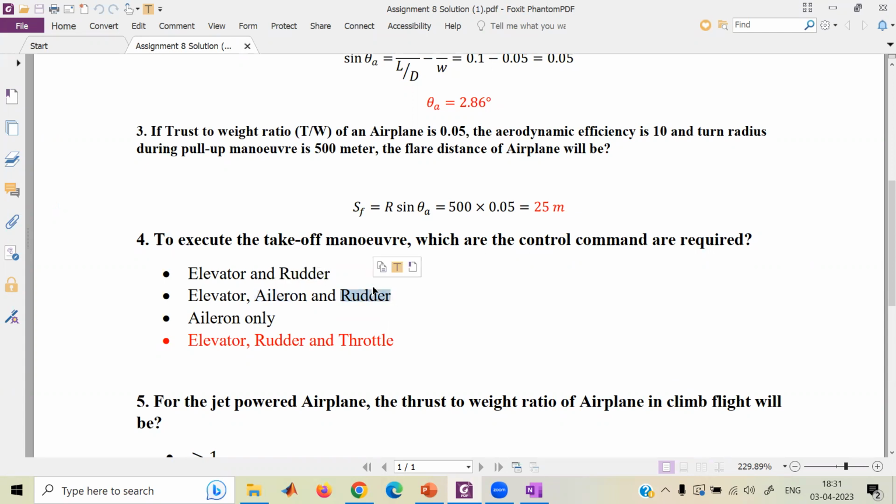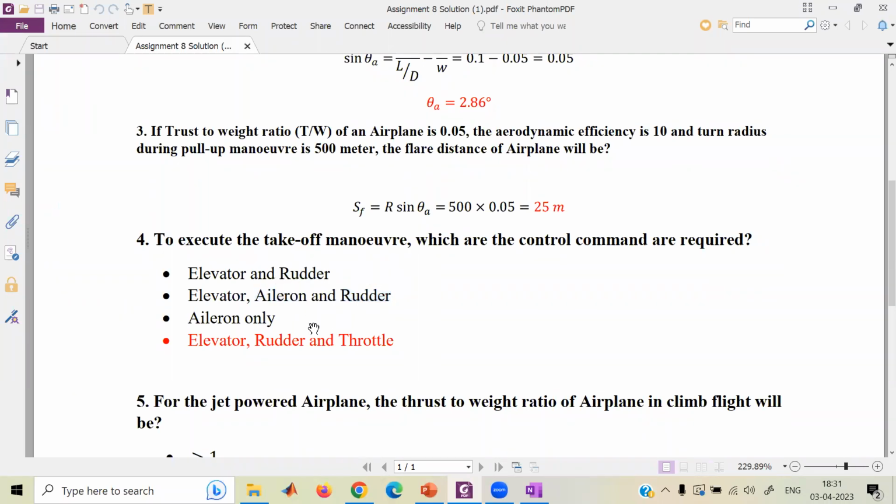Rudder is only used if you have a large sideslip angle, like if there is a wind. Otherwise, an ideal turn can be done with the aileron. Right. If there is a wind, only then you require a rudder. Otherwise, you don't need a rudder.